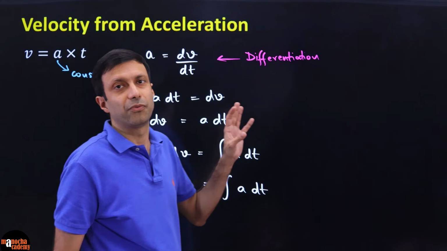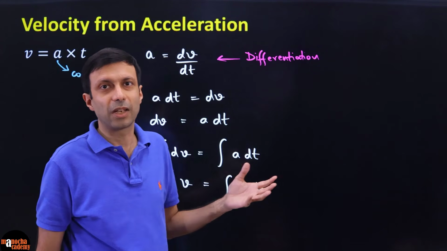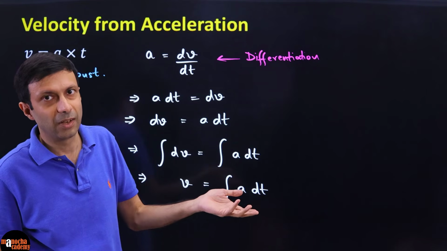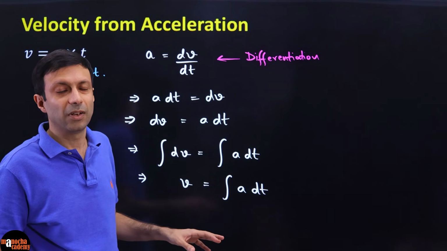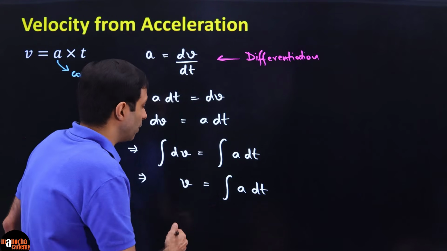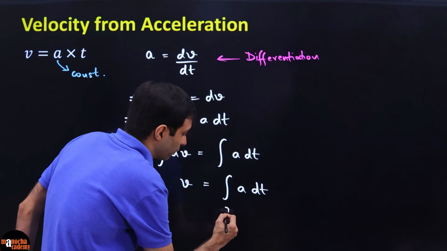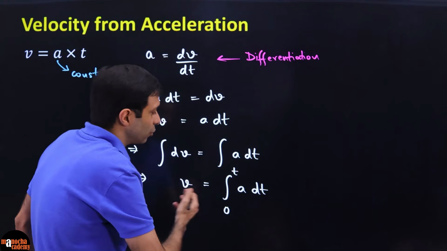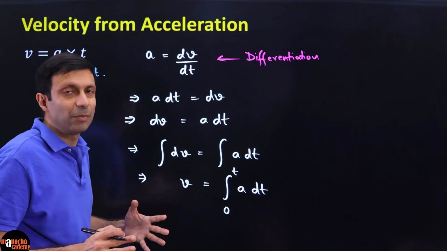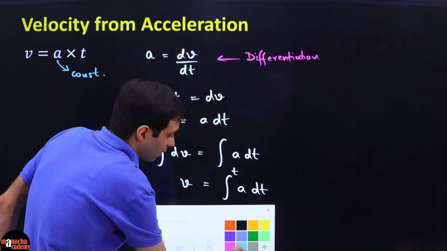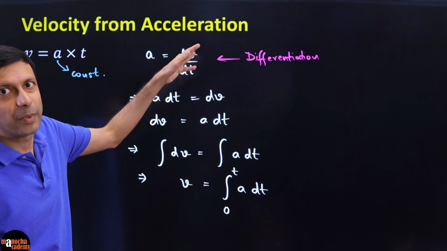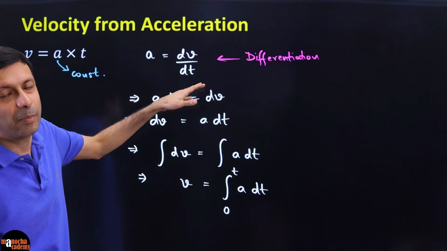Again, remember, if the time interval is not given, then obviously it's an indefinite integral. You have to take plus a constant. But if the time interval is given, then you directly substitute the values here. So let's say you want to calculate the velocity for the time interval 0 to t. So your integration formula is going to look like this. So remember this important concept that to get instantaneous acceleration from instantaneous velocity, you do dv by dt.